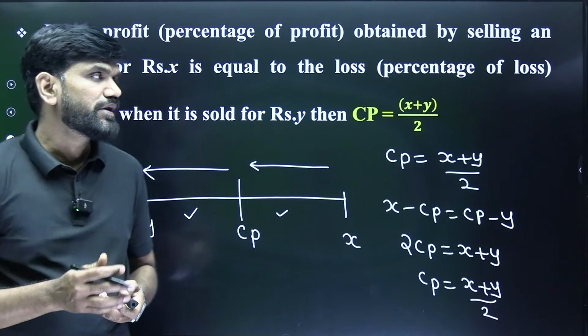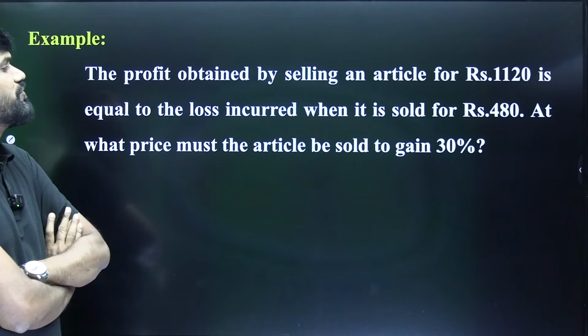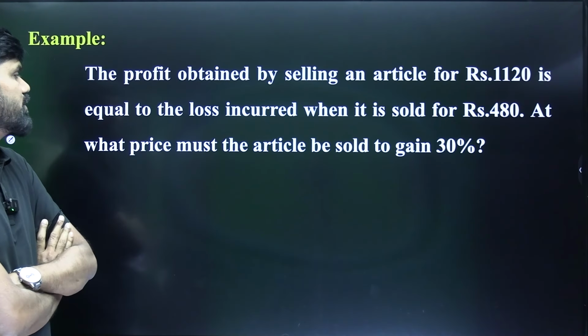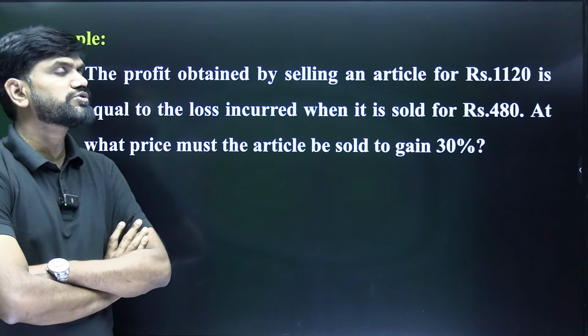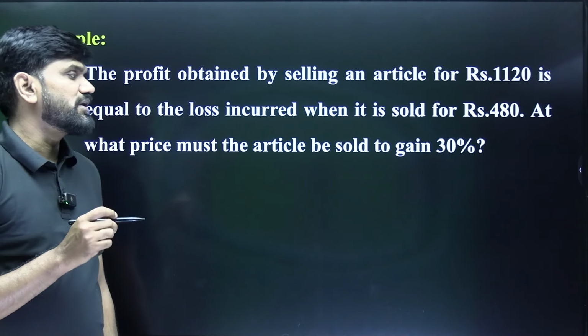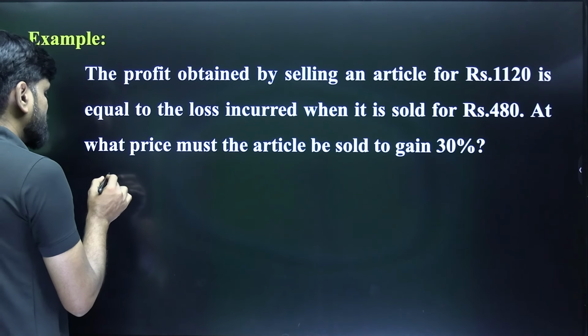Have a look at the example related to this. The profit obtained by selling an article for rupees 1120 is same as the loss incurred when it is sold for rupees 480. At what price must the article be sold to gain 30%? You try to get the cost price over here.